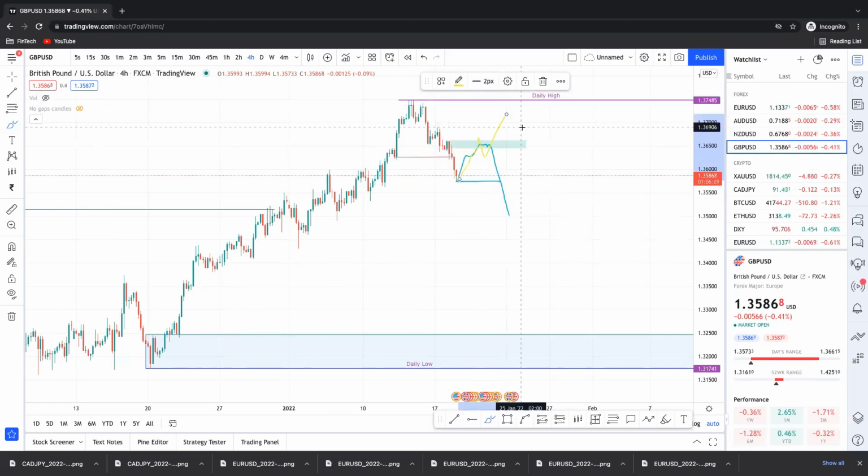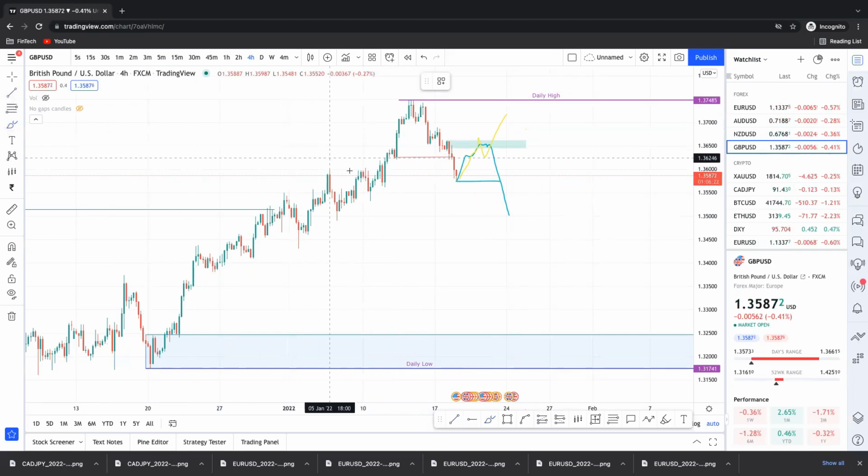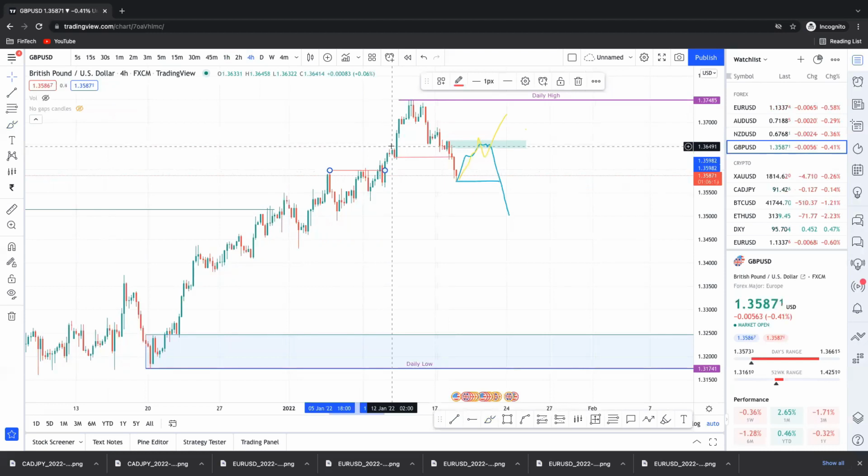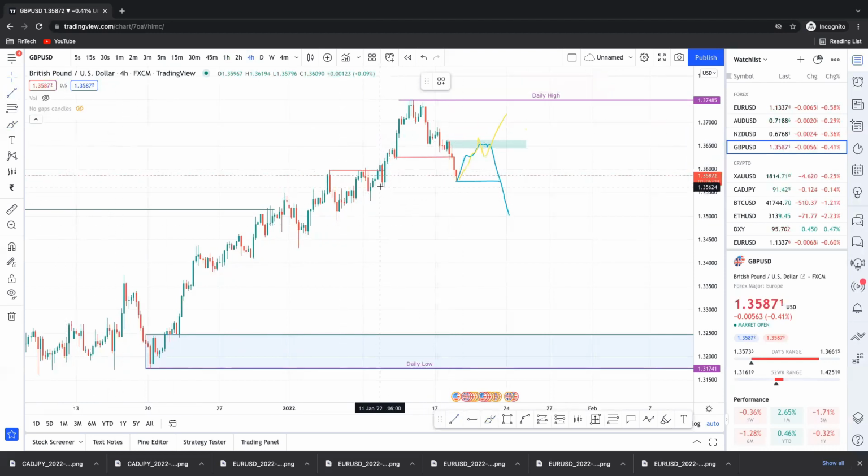So you can play out both scenarios, but if you see here what's happening before that, you have this break of structure and mitigation of that order block, again break of structure, right? So this was the last invalidation line, it hasn't broken yet, the last mitigation line, right?